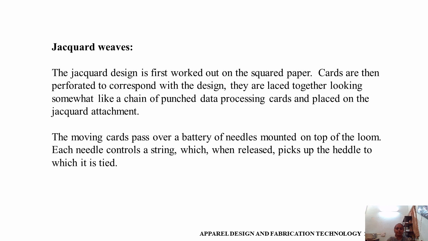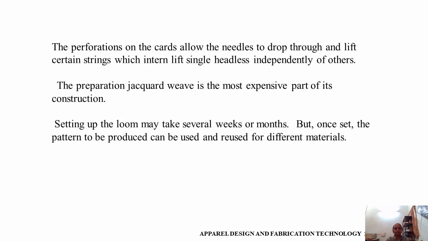So punching is done on the required area of the design, and it is mounted on the top of the loom. Each needle controls the string, which when released picks up the heddle to which it is tied. Moving cards are passed over a battery of needles mounted on the top of the loom.